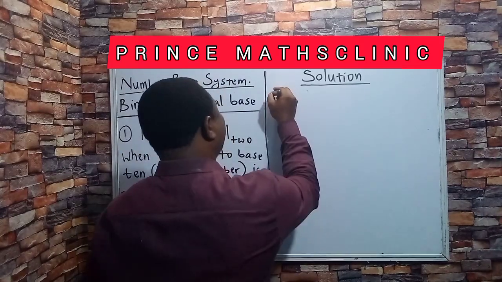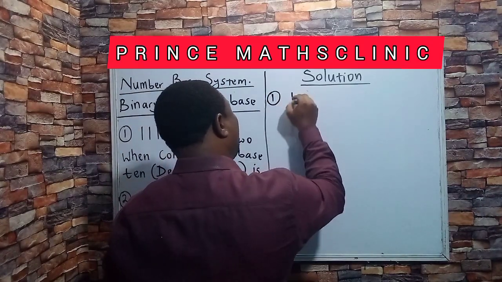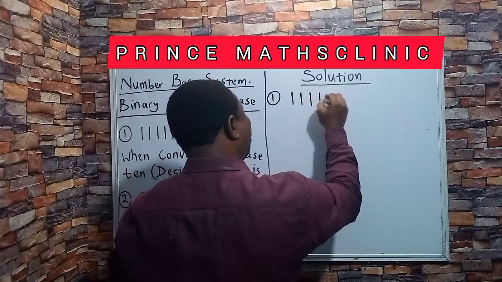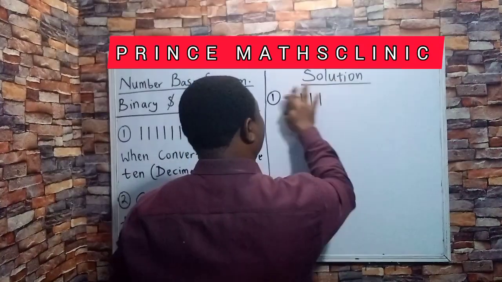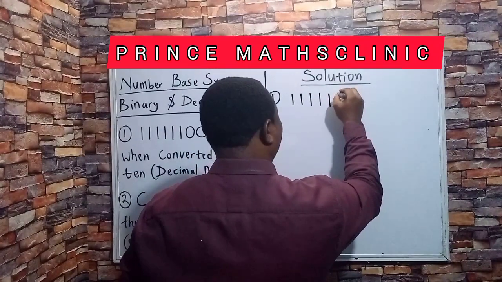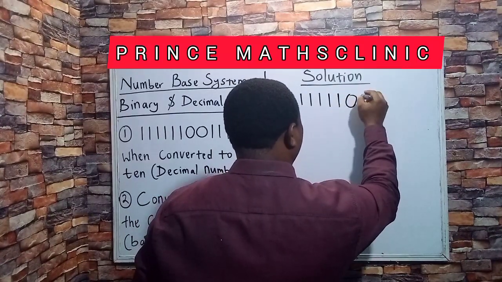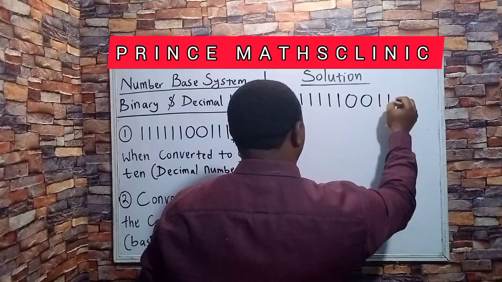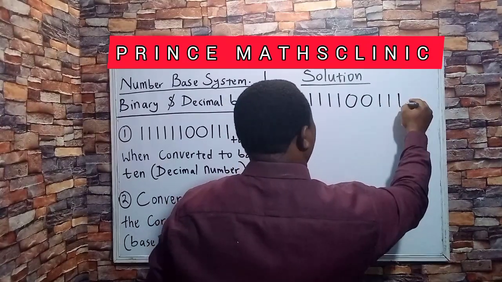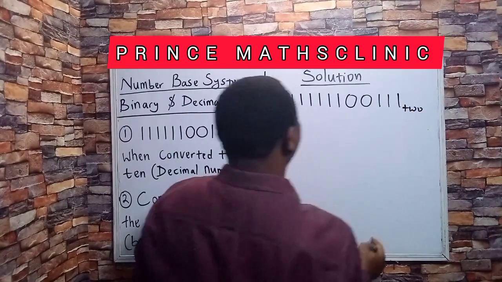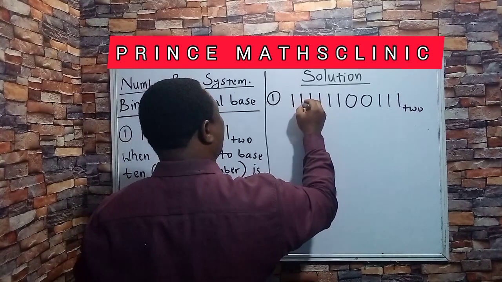Now, we're given that 1, 1, 1, 1, 1, 1, 0, 0, 1, 1, 1, all in base 2. We should convert it to base 10. So what do we do?